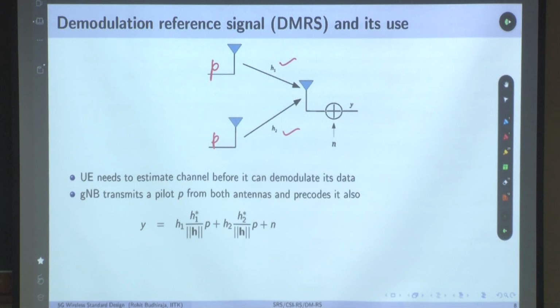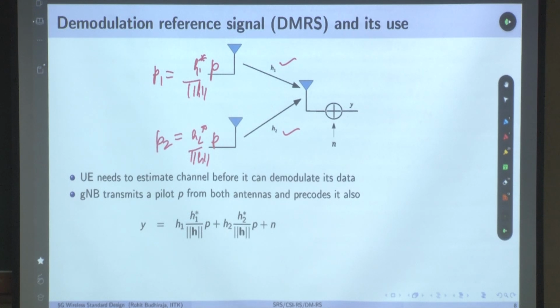So what it transmits from here is H1 star by norm of H, and from here H2 star by norm of H. If this is being transmitted, I call this P1 and this P2.